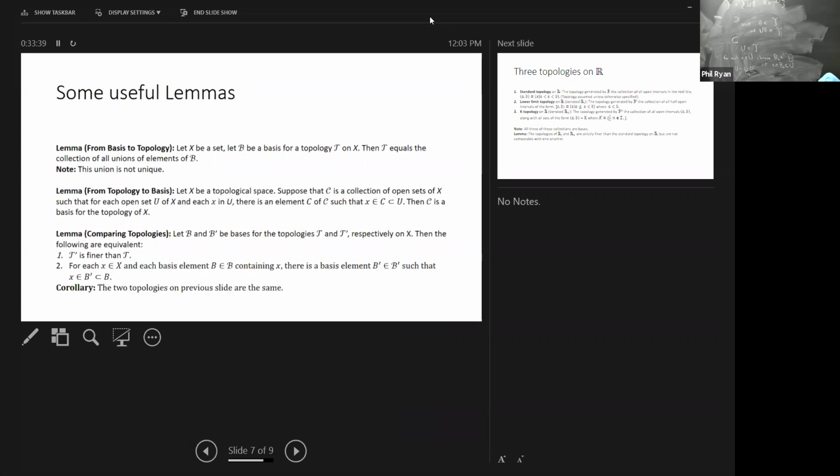The bases? Yeah. I think so, because, for example, for the real line, I think you can get away with intervals which are rational.